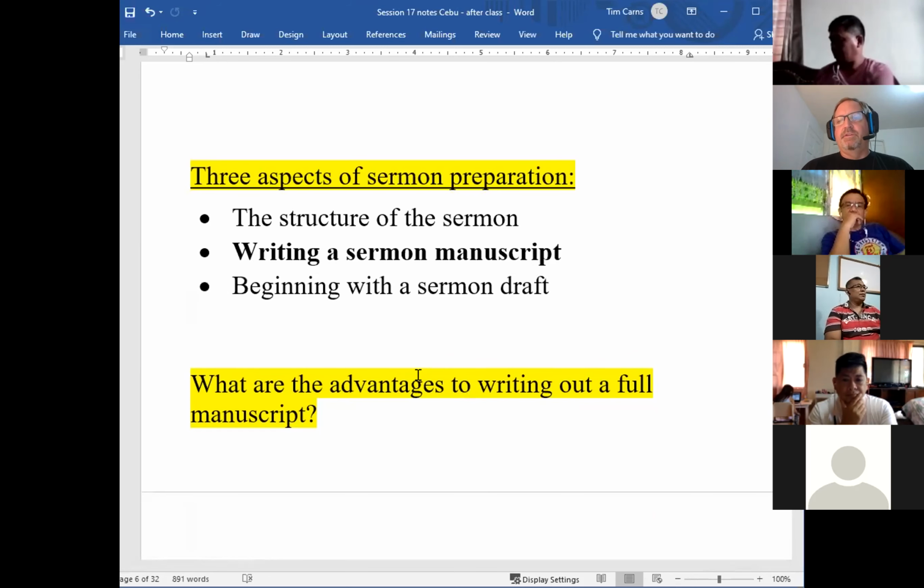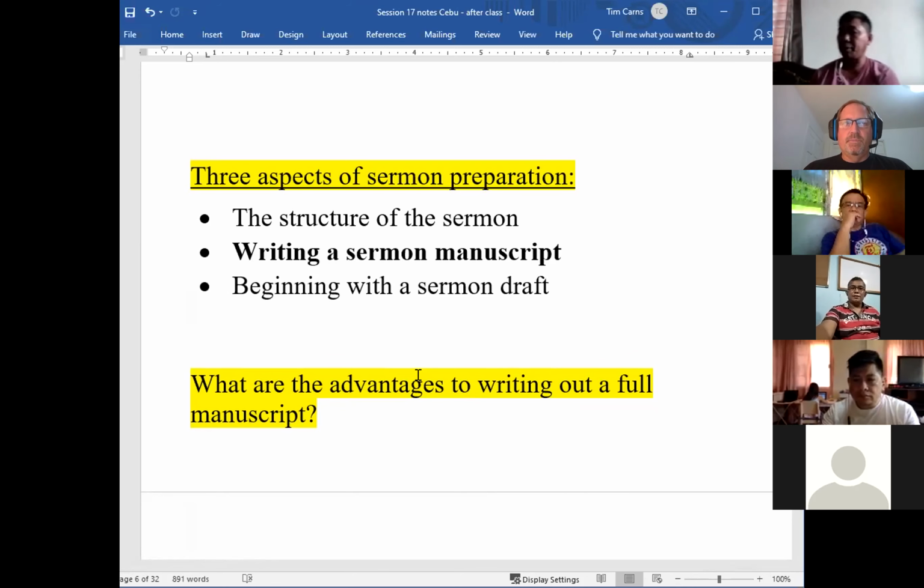What are some advantages to writing out a full manuscript? And by full manuscript, I mean basically writing it out as if you were speaking it. So it's full and complete sentences, complete thoughts. It's the entire manuscript of the sermon. What might be some advantages of doing that?